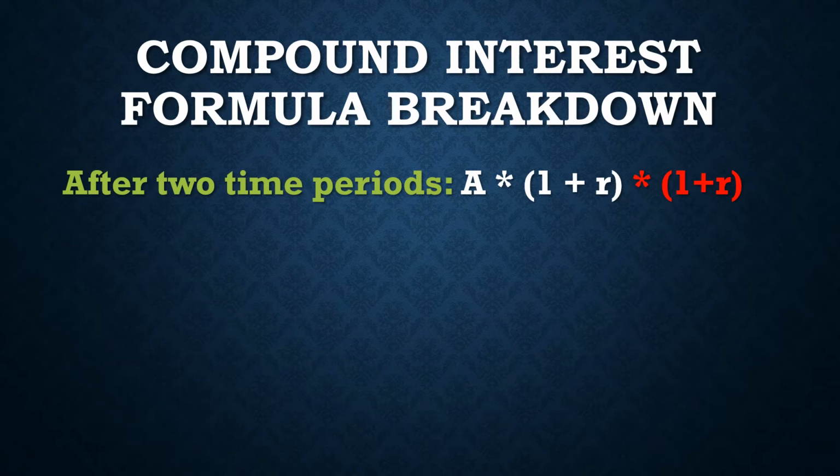So let's add to this. After 2 time periods, we don't just have A times (1 plus r), which is what we have after 1 period. What we can also do then is multiply that by (1 plus r). Now, this seems kind of weird, but if you think about this, we have, let's say, $100, and we're trying to see after 2 time periods what it's earned with 8% interest.